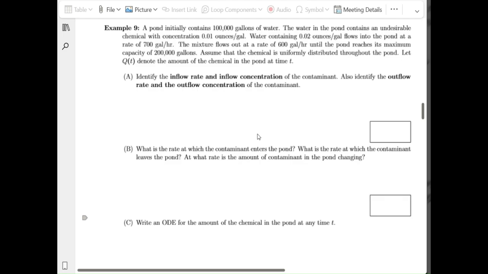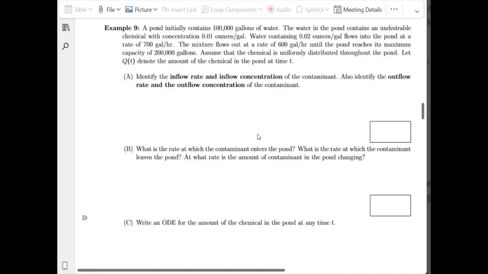We're talking about a pond initially containing 100,000 gallons of water. The water in the pond contains an undesirable chemical with a concentration 0.01 ounces per gallon. Water containing 0.02 ounces per gallon flows into the pond at the rate of 700 gallons per hour.